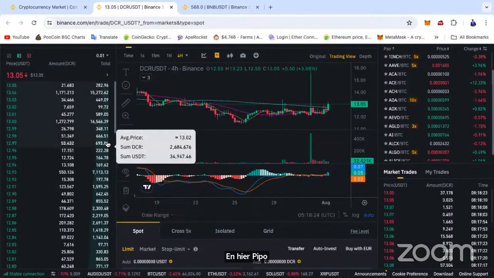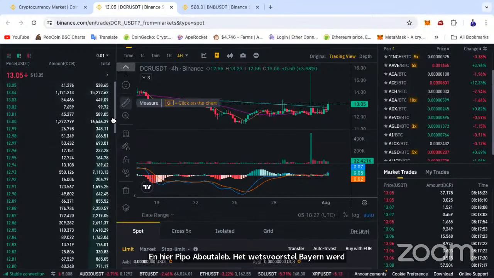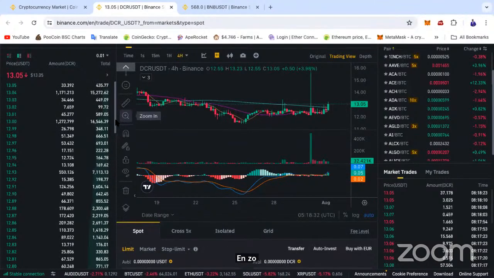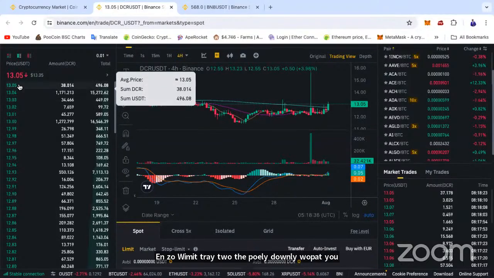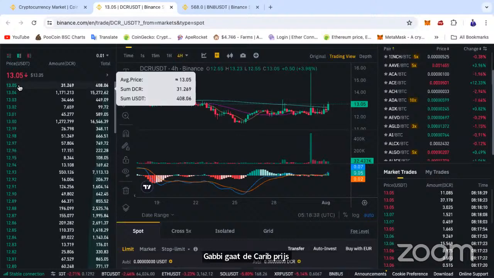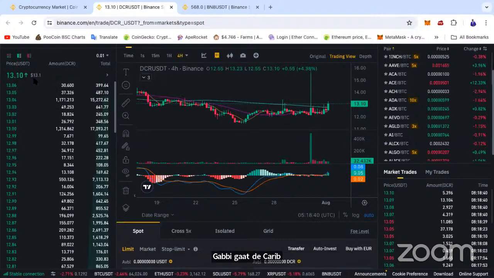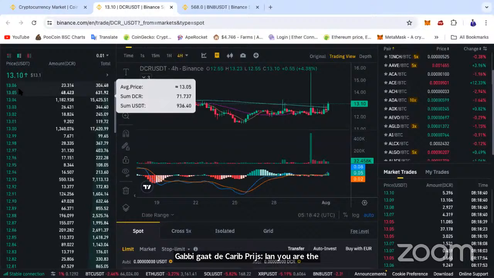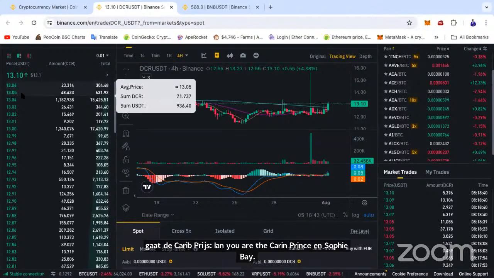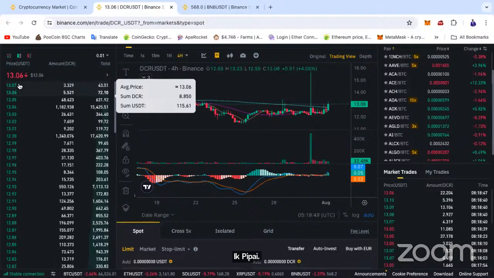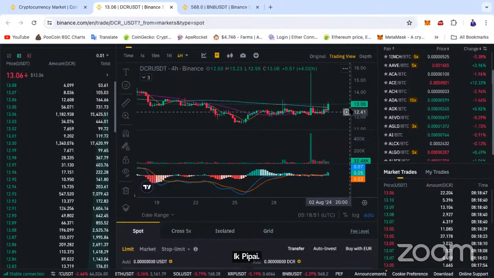And you will notice, let me pull it down a little bit, on top here we have the current price. And so people are buying at this current price here. I hope you can see.